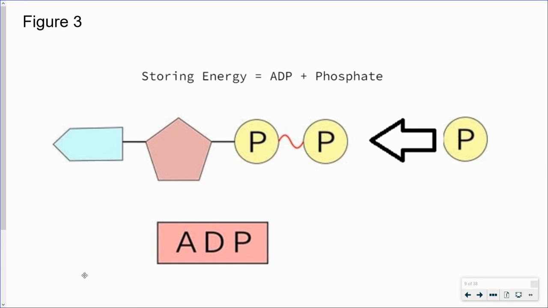So basically, again, you start off with ADP, D meaning di, it has 2 phosphate groups. And we take another third phosphate group and we add it to it. We make an extra phosphate-phosphate bond, an extra bond between the second and the third phosphate. And it is that bond that stores the energy in ATP.